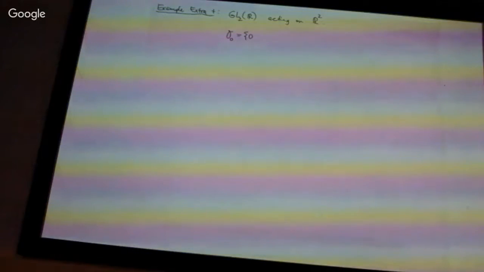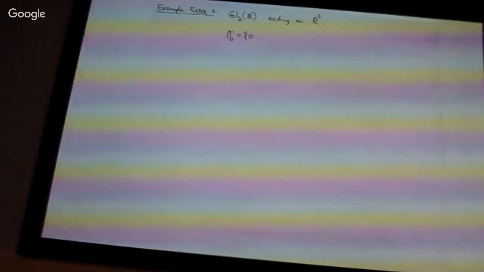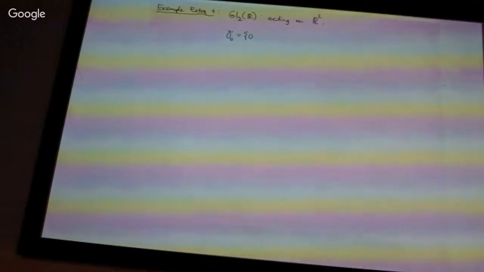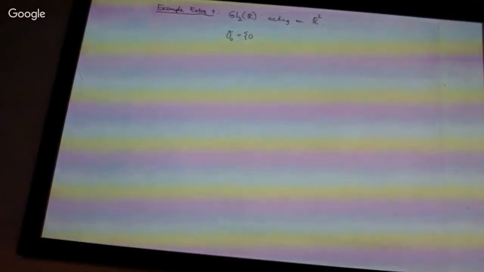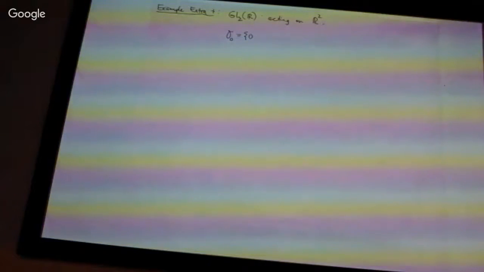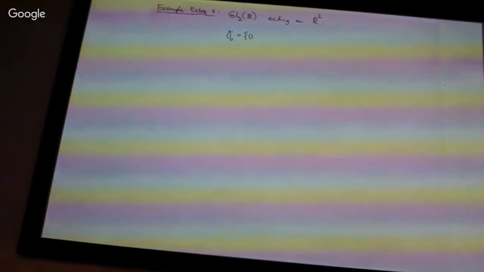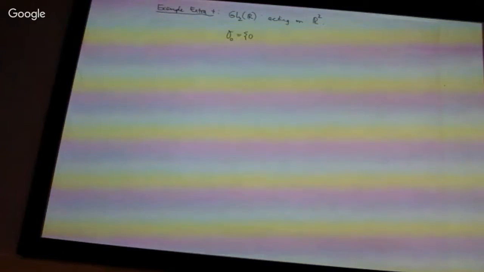Or can you push something else to the origin? Can you move a point that is not the origin to the origin?